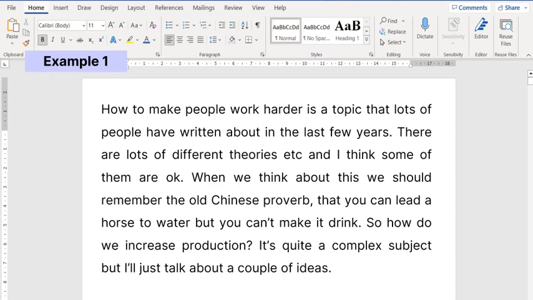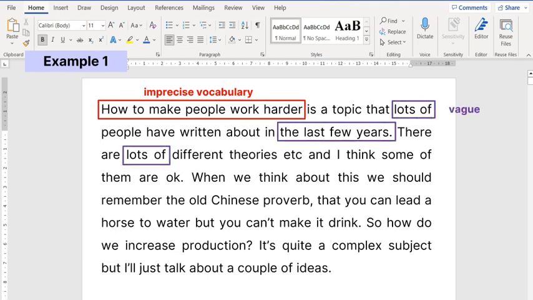The first sentence, how to make people work harder, uses imprecise vocabulary and could be rephrased to simply be motivation. The use of lots of and the last few years are vague phrases which should be avoided. You should also avoid using terms such as etc. and so on.